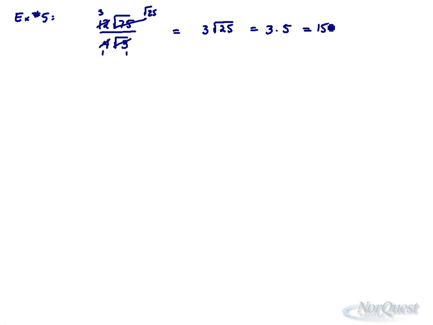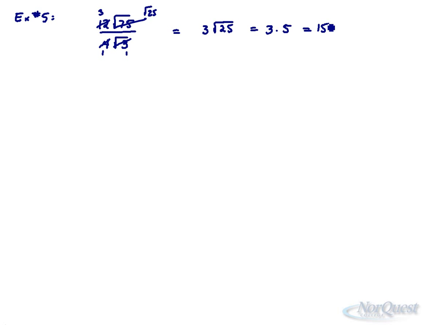Again, could you simplify this another way? Sure, you could realize that root 75 can be written as root 25 times root 3. Divide out the root 3's, and you're left with the same answer.